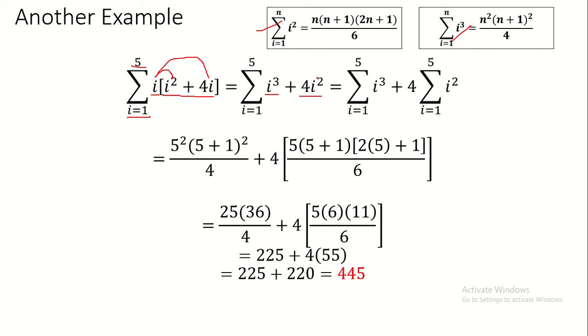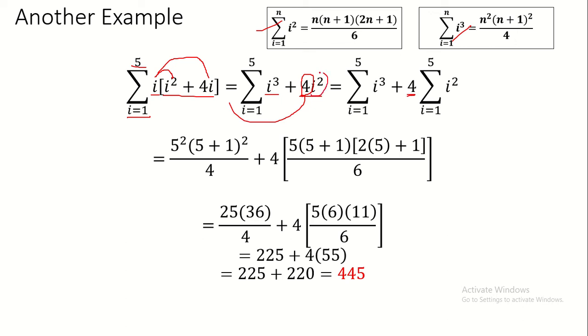So ang gagawin natin, we have to separate natin into two separate sums. So we have the summation of i cubed from i equals 1 up to 5, and then just like what we did in our previous examples, move 4 in front. So nandyan yung 4 natin, and then evaluate the summation of i squared.